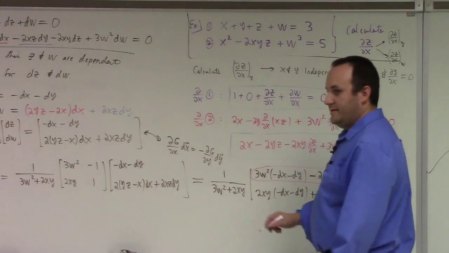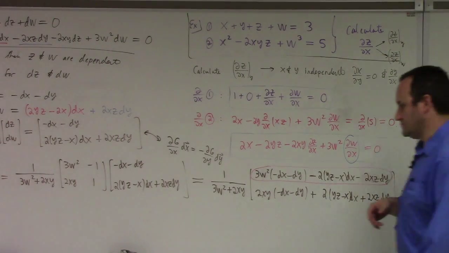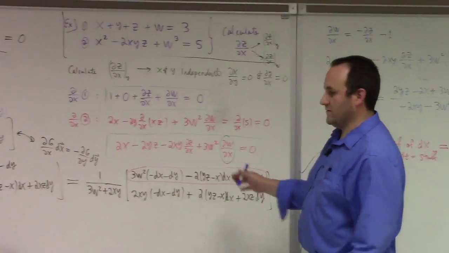And partial z partial x is going to be the coefficient of dx in dz equals stuff. I can read it off from this already.